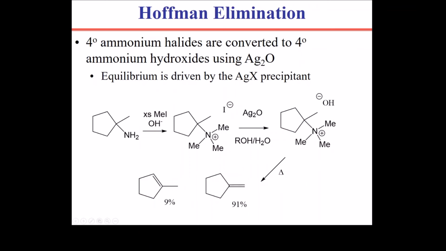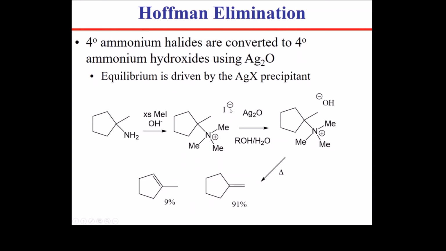Essentially this is an ion exchange reaction, not really an organic reaction. The oxide pulls one of the hydrogens off of the water, forms hydroxide. The hydroxide replaces the iodide in an ion pairing, and the iodide complexes with the silver and falls out of solution and drives the equilibrium forward.